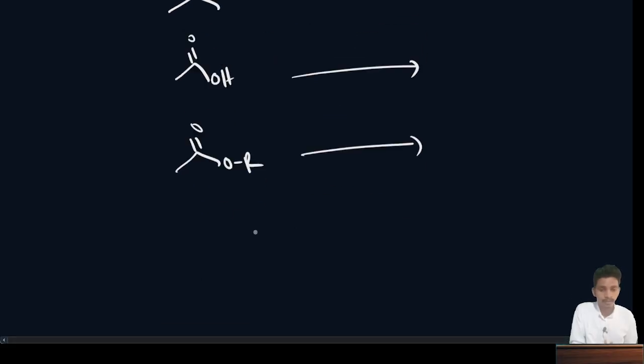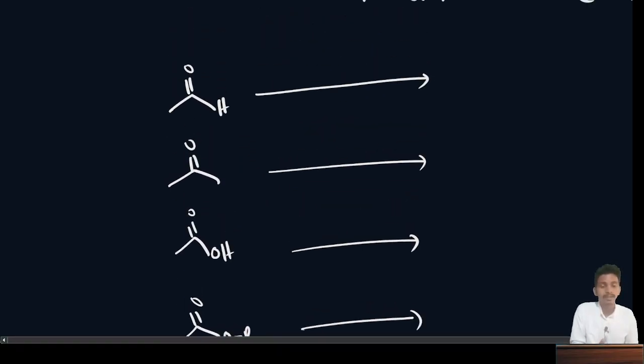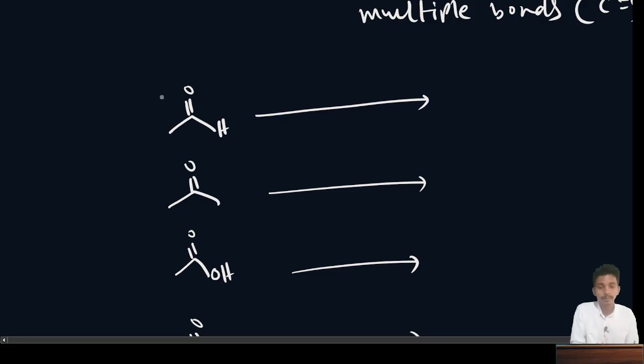Or let's say if it is an amide group. Wherever these types of carbonyl groups are there, mainly this lithium aluminum hydride is used, and it is able to reduce them efficiently.